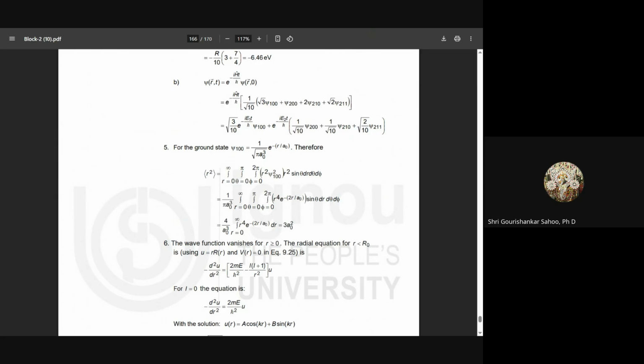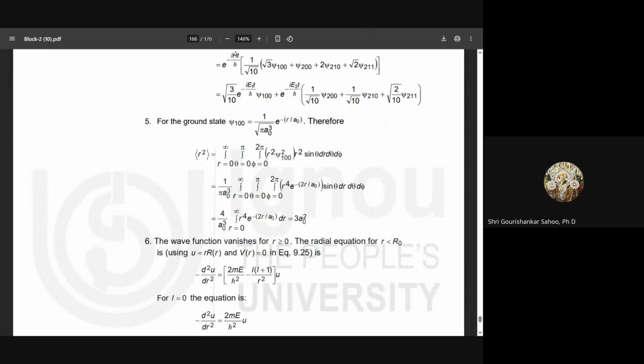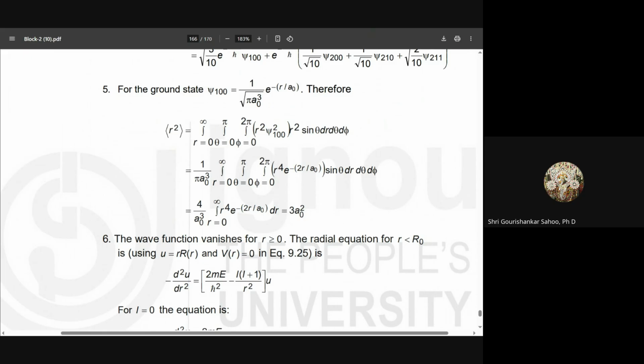So the average value of r square will be 3 a0 square, and the problem is solved as shown on the screen. Is it clear? If you have any doubt in any step, please ask.